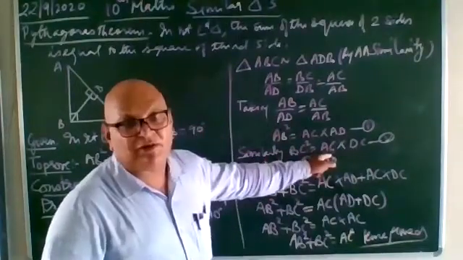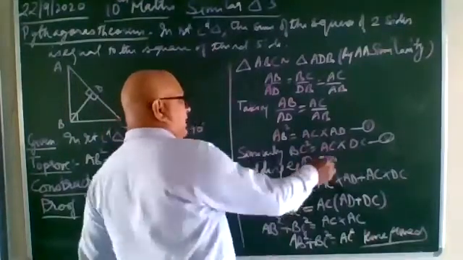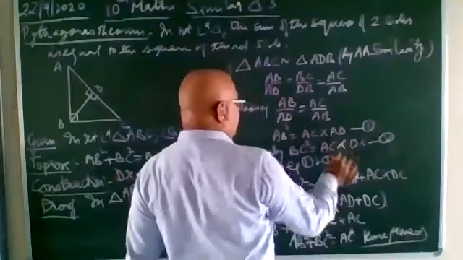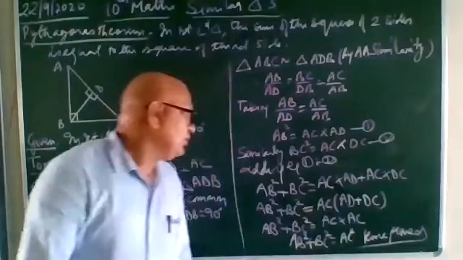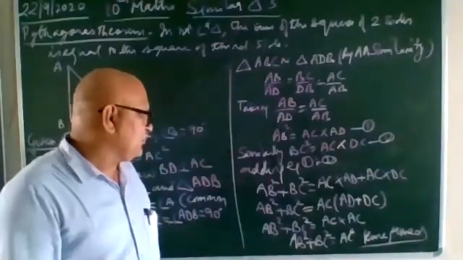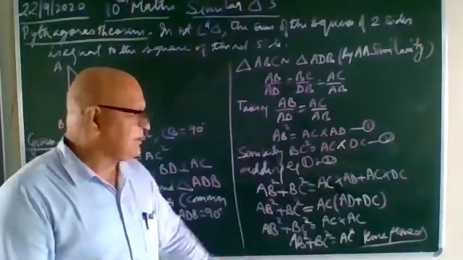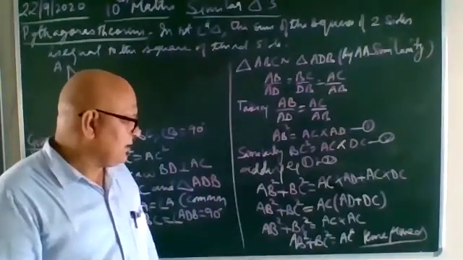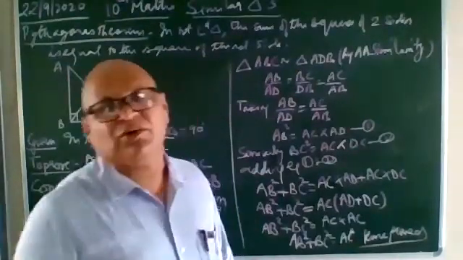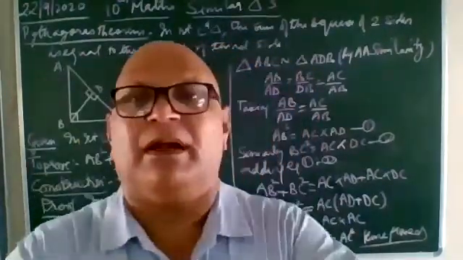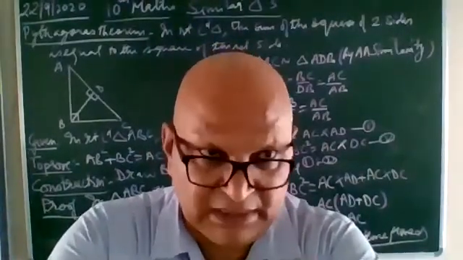Similarly, BC square equal to AC into DC. After that, adding both the equations, you will get AB square plus BC square equal to AC into AD plus AC into DC. So AC into AC, AB square plus BC square equal to AC square. Hence, proved. Understood? So this is the Pythagoras theorem.